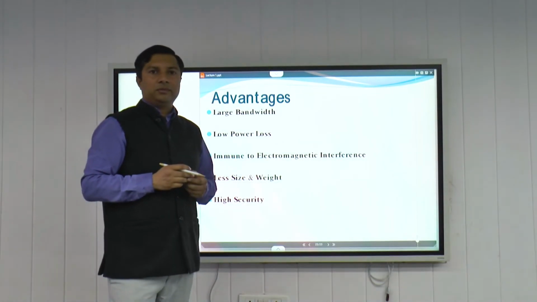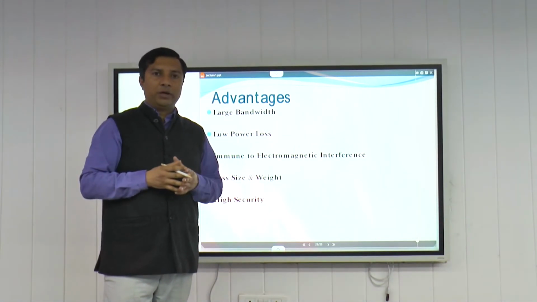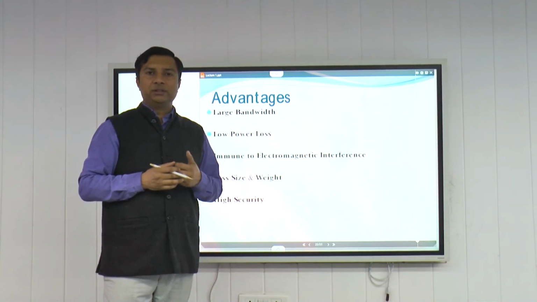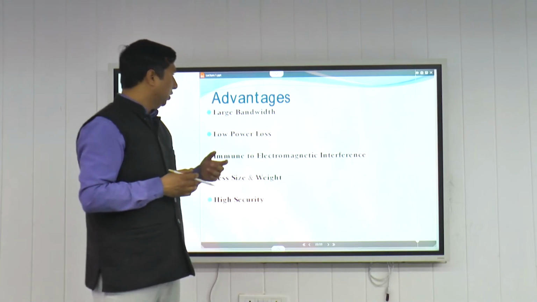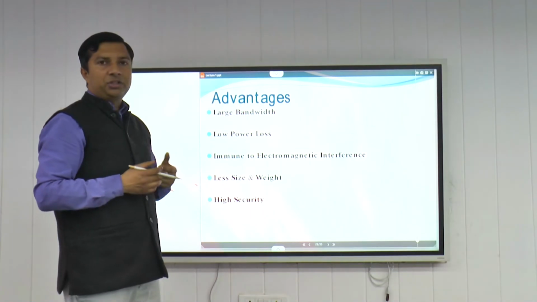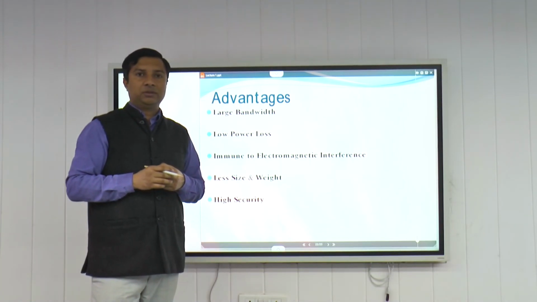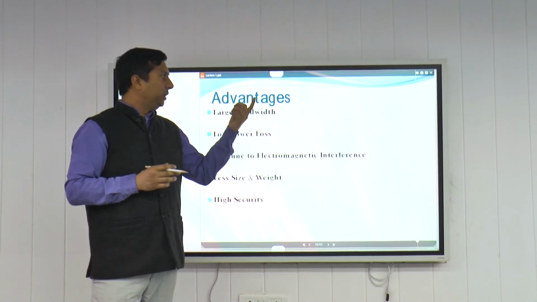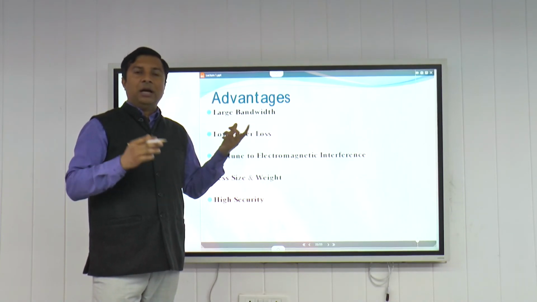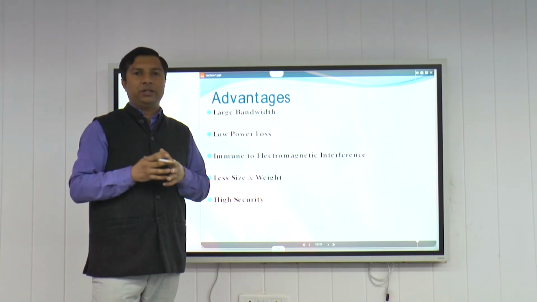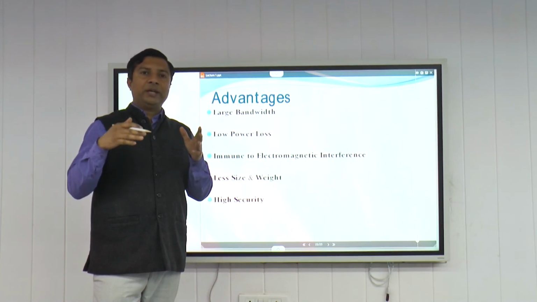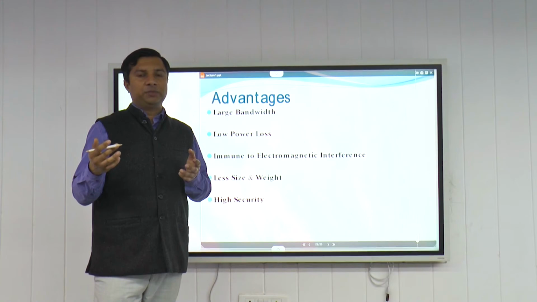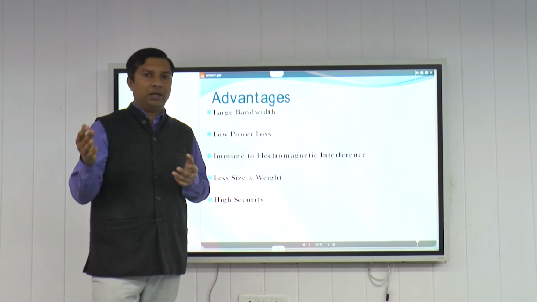Now, let me conclude my topic with the advantages and disadvantages of optical communication systems. One is large bandwidth. Optical communication systems have a huge bandwidth capacity because with a very high data rate we can transmit signals up to very large distances.